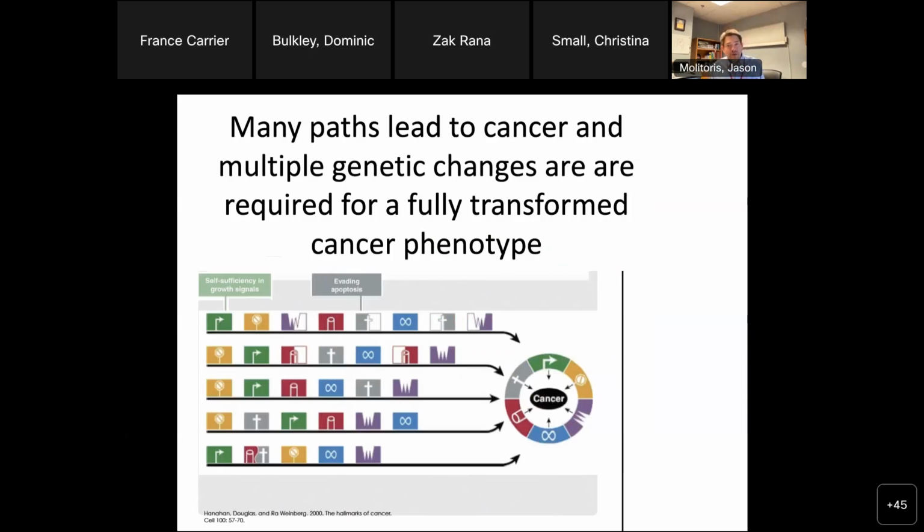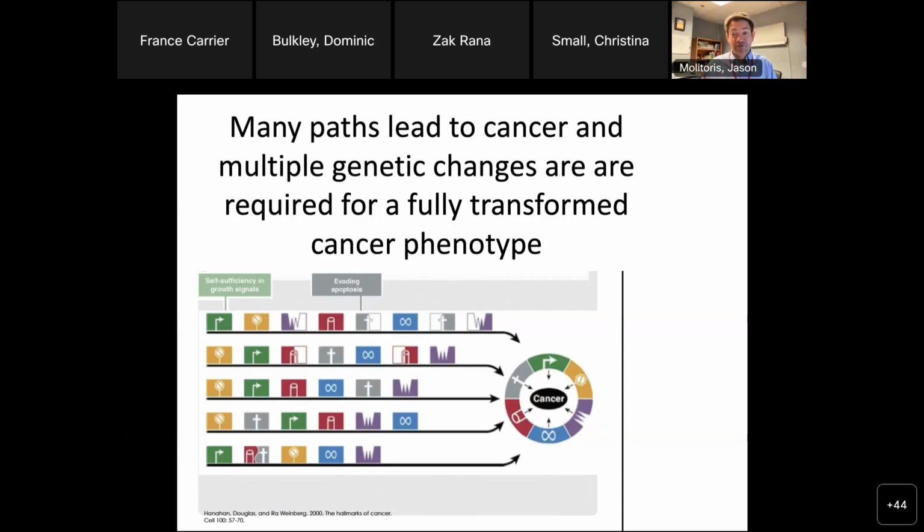Another aspect that is interesting about these hallmarks of cancer is that they can occur through different pathways. So you can have sustained growth signals, and then you can have removal of apoptosis, and you can work your way through these hallmarks of cancer in different ways.